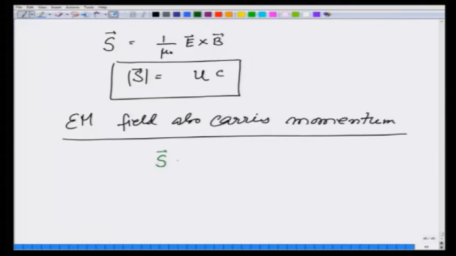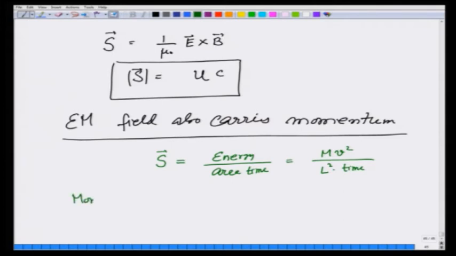way that this S, which is nothing but energy flow per unit area per unit time, which has the dimensions of m v square over L square times time, is related to the momentum content, or momentum density, as follows.